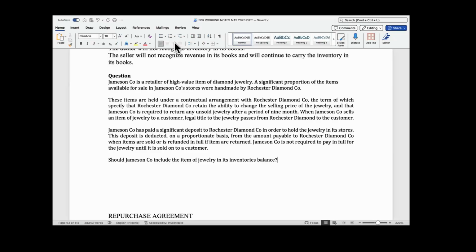This deposit is deducted on a proportionate basis from the amount payable to Rochester Diamond Co. when items are sold, or is refunded in full if items are returned. James Co. is not required to pay in full for the jewelry until it is sold onto a customer. Should James Co. include the item of jewelry in its inventory balance?